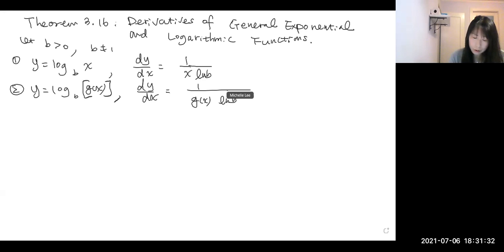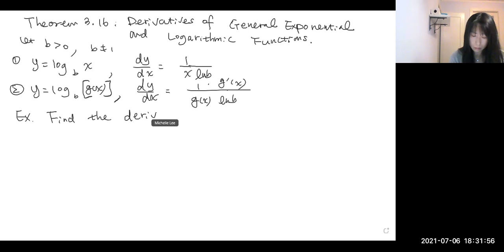Then using the chain rule, so g prime of x.